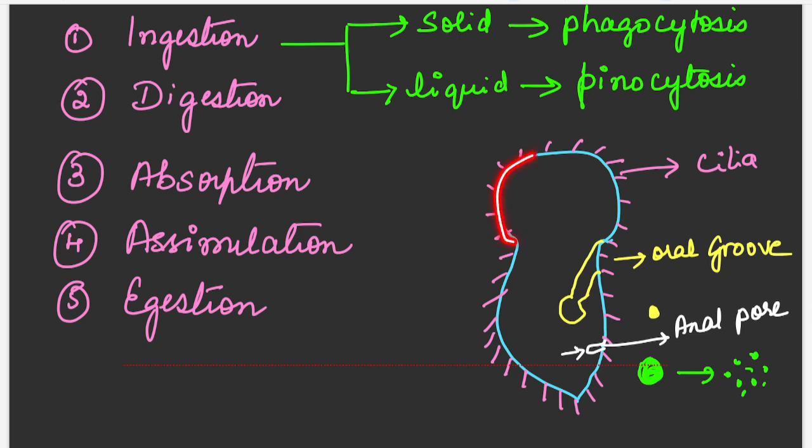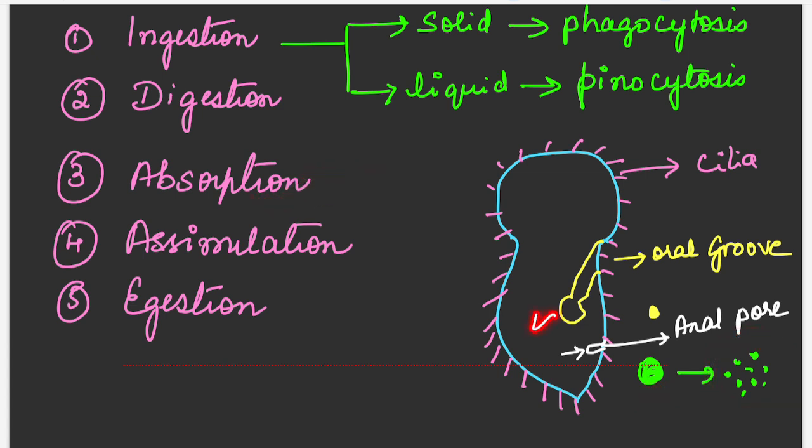So paramecium is slipper shaped, and it has a hair-like structure called cilia. Through the movement of the cilia, the food will be taken into the paramecium through the oral groove. It will enter the food vacuole. In the food vacuole, the complex food will be broken down into simpler substances by the action of enzymes.